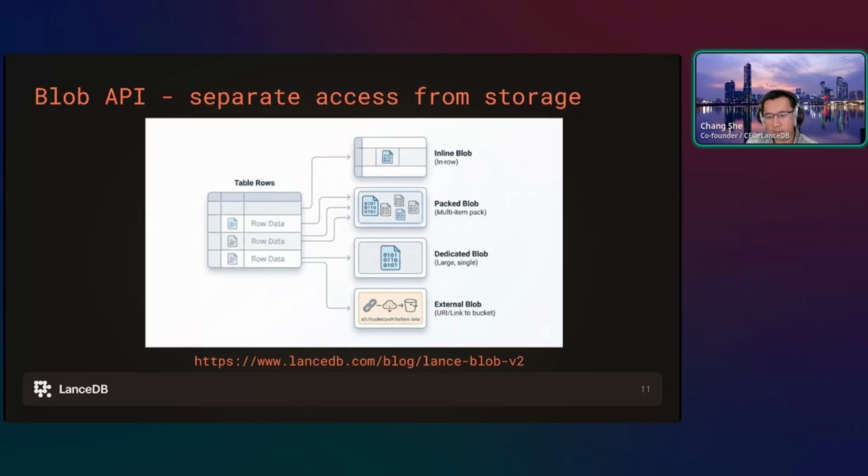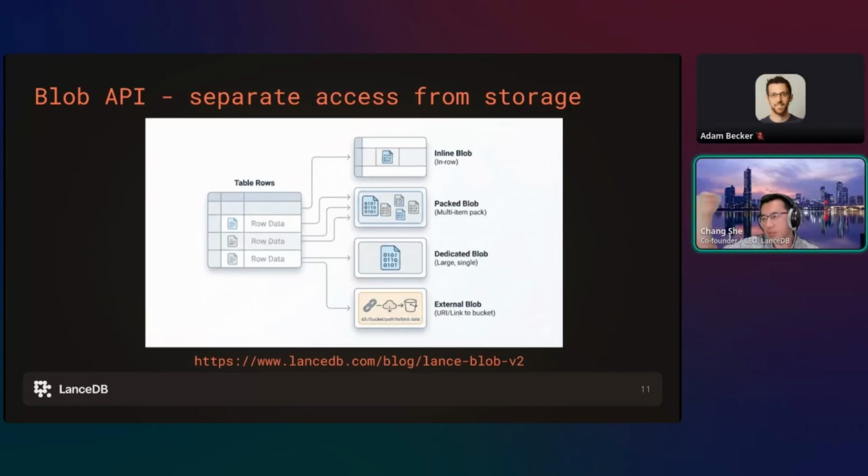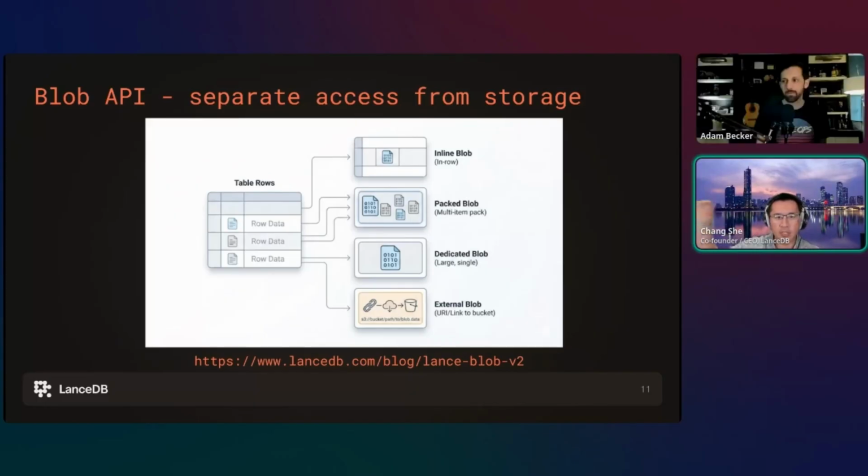And what we found is that when you talk about multimodal data, there's a lot of variety, from audio files or small images that are hundreds of kilobytes, up to really large DICOM images or videos that can be tens or hundreds of gigabytes. So we wanted to separate the access API from the storage interface. That's what we did in Lance 2.2, which is the new blob API.